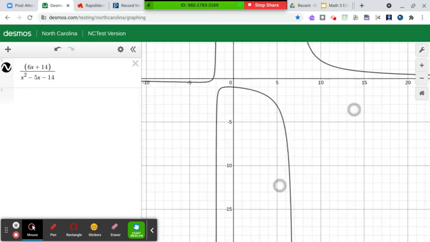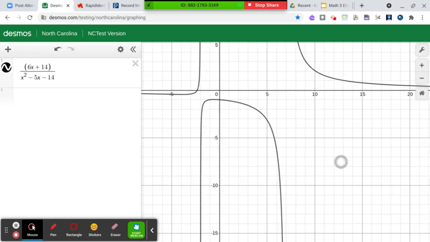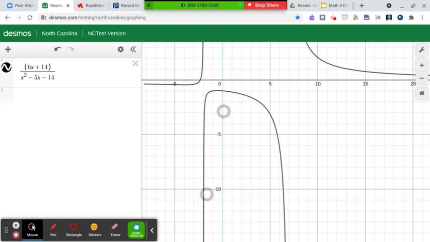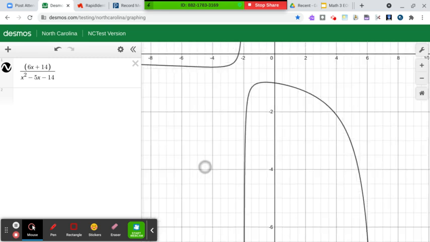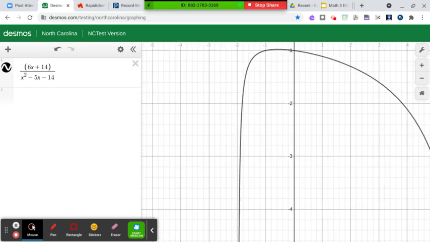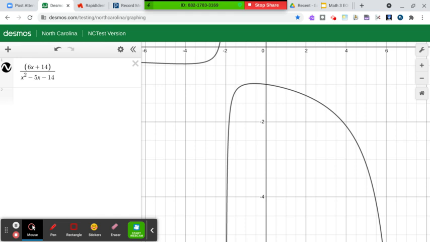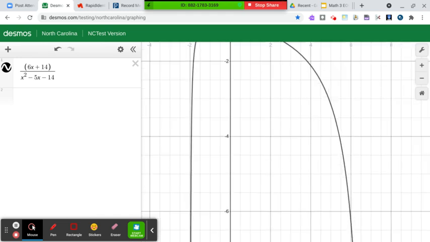You can see here at 7 and then at negative 2, there are your asymptotes. It gets really close to, but never touches or crosses.